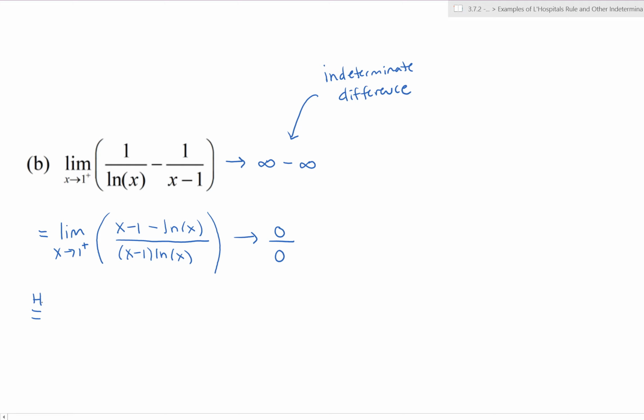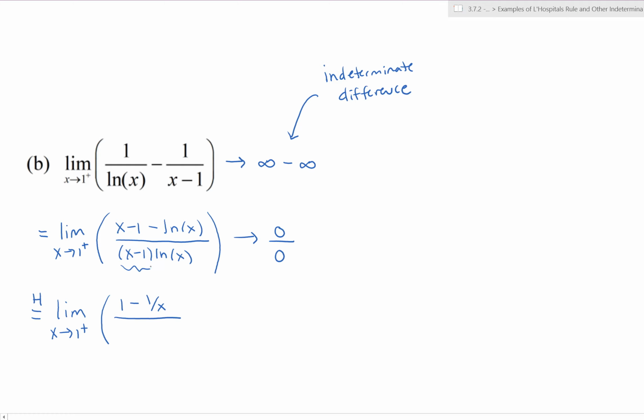All right, applying L'Hopital's rule, we get the limit as x goes to 1 from the right of the derivative of the numerator. Derivative of x is 1, derivative of negative 1 is 0, and then minus the derivative of ln of x, 1 over x. All divided by, notice in the denominator, by differentiating x minus 1 times the ln of x, we actually have to apply the product rule.